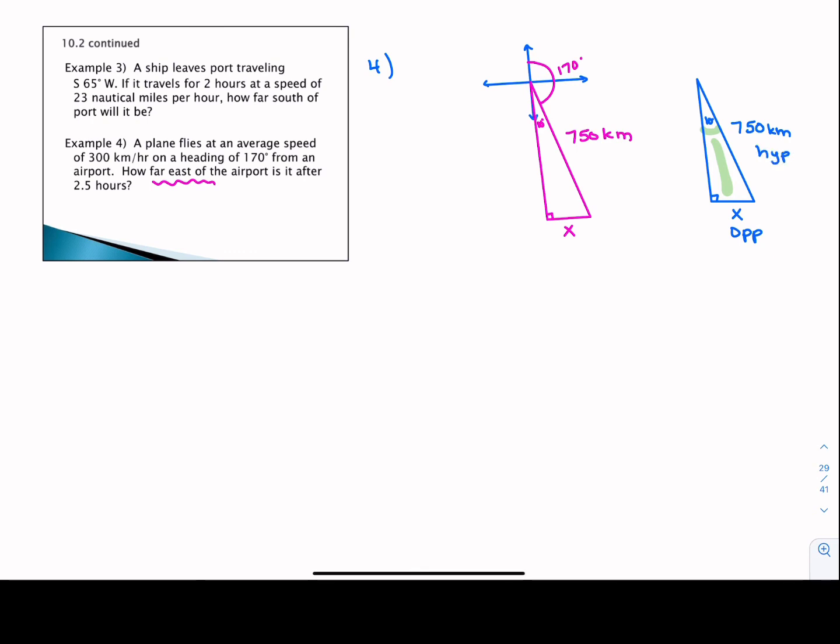So if we look at our SOHCAHTOA ratio, using opposite and hypotenuse would require a sine ratio. So we can say the sine of our reference, which we know is 10 degrees, is going to be equivalent to the opposite side x divided by 750 kilometers as your hypotenuse.